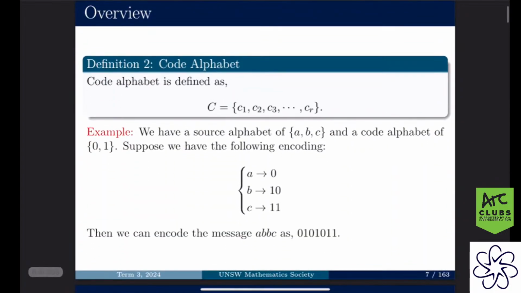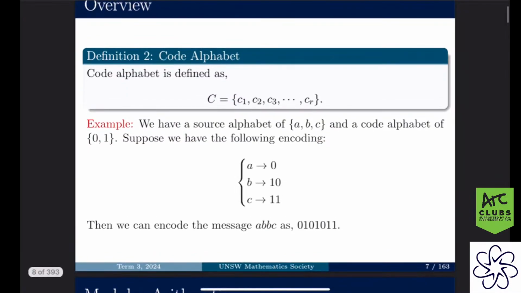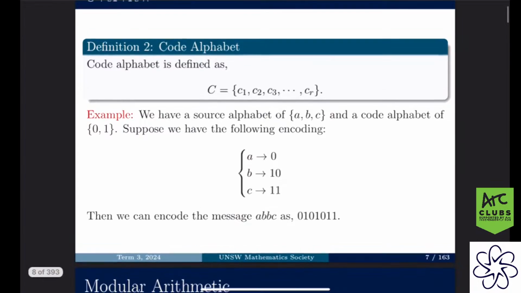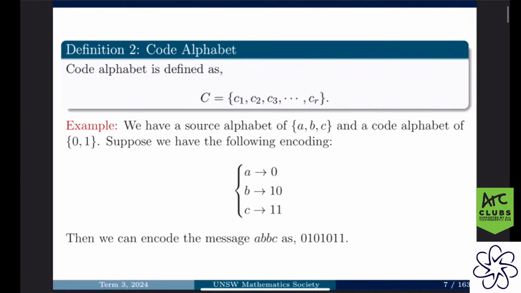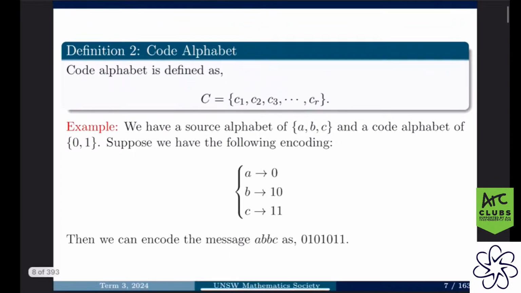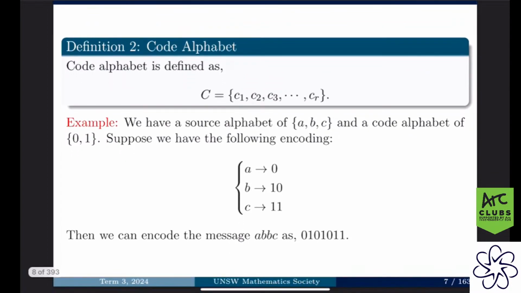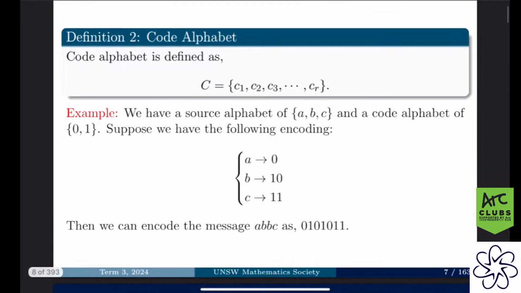A code alphabet, however, is defined similarly, and we can encode messages using a code alphabet. So, for example, here we have a source alphabet A, B, C, and a code alphabet of 0 and 1. The code alphabet will form our code words, which we can then map to our letters.